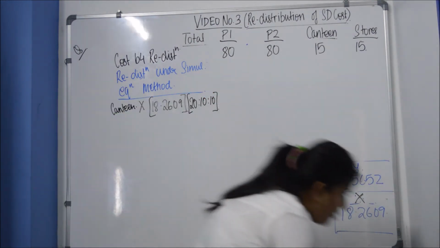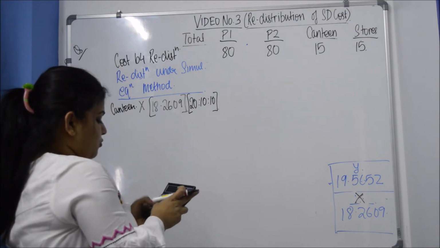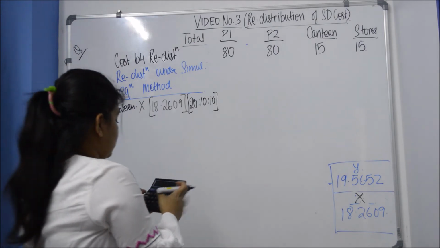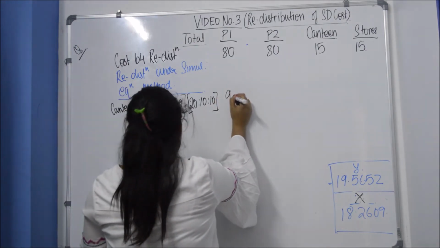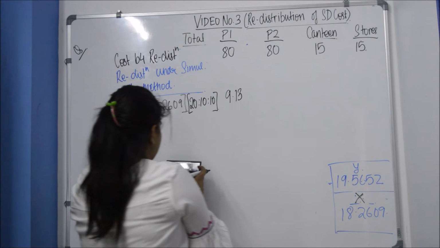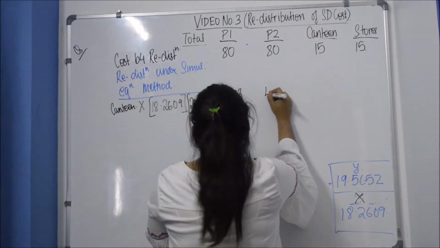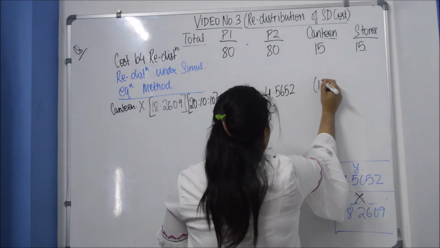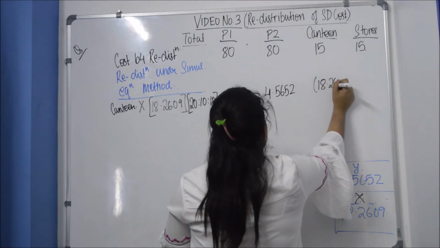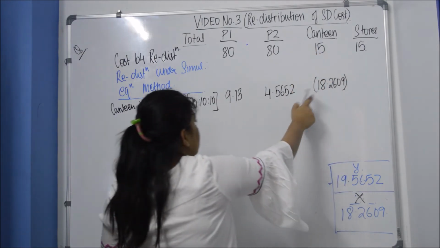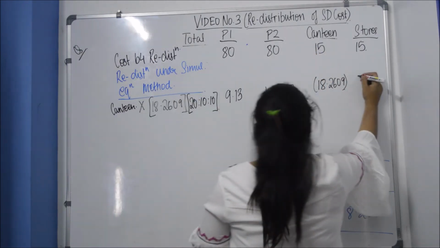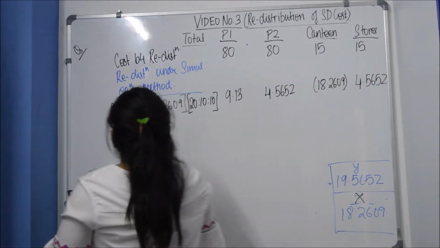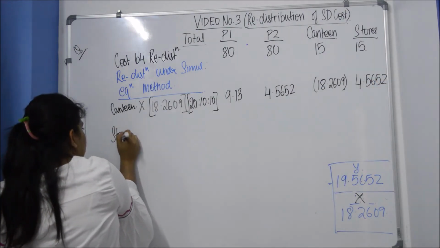So we distribute the cost of 18.2609 in the ratio of 20 is to 10 is to 10. We get 9.13, 4.5652, negative 18.2609 because the value of x is 18.2609, and again 4.5652.